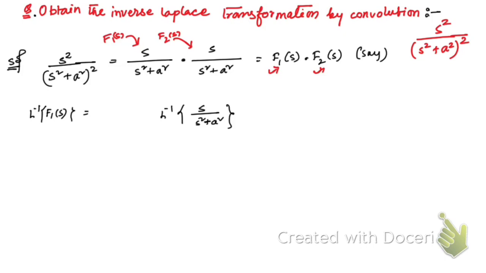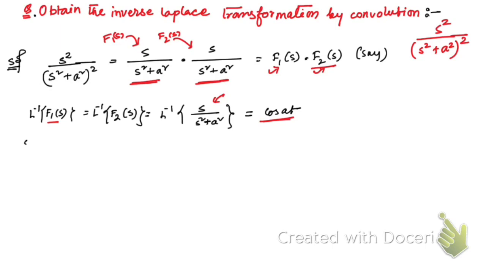Here you see both functions are the same, so the inverse Laplace transformation of capital F1 of s and capital F2 of s will be the same. So the inverse Laplace transformation of s by s square plus a square is given by cos at. We know that.